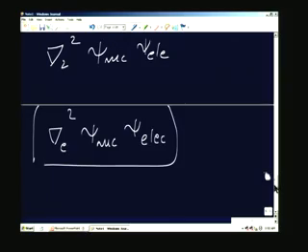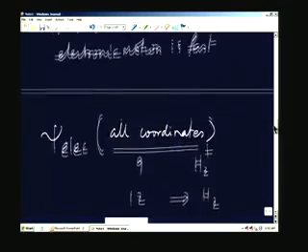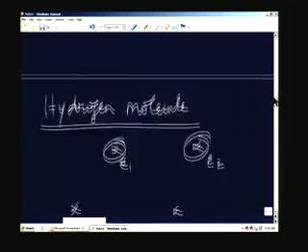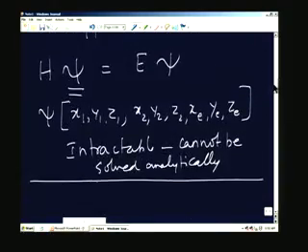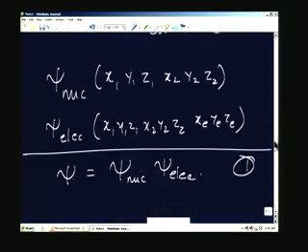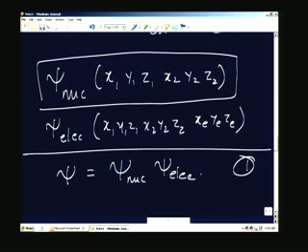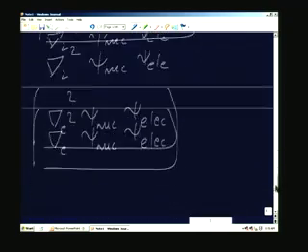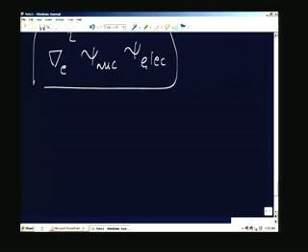Now if you go back and look at the approximation about the wave function, namely psi nuclear depends only on the nuclear coordinate. Okay. Psi electron depends on all of them, electronic and the nuclear coordinates. Let us see what the derivatives do without evaluating the derivatives.